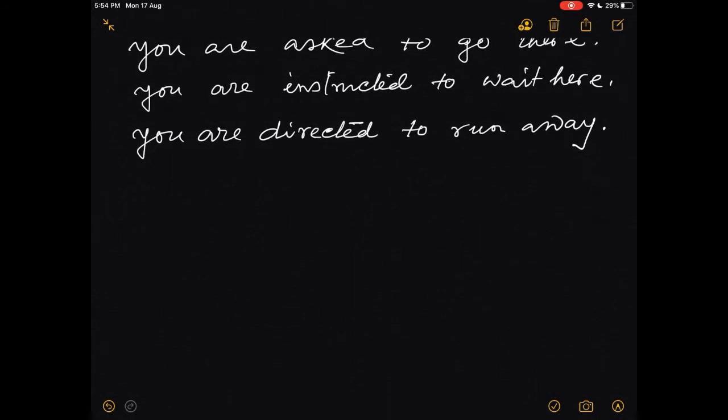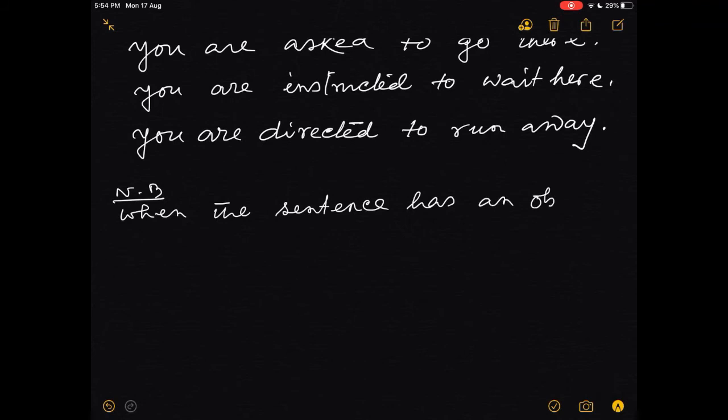So when you don't get any object, use the second syntax, and when the sentence has an object, use the first syntax. See, note: A, when the sentence has an object, use the first syntax.